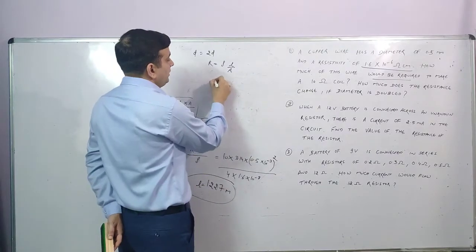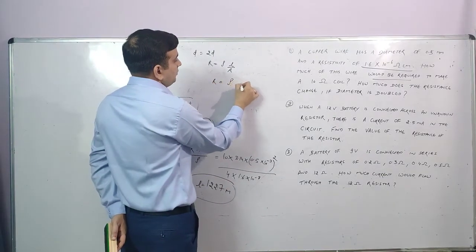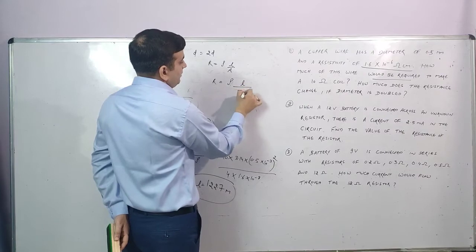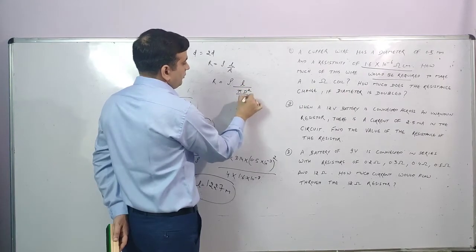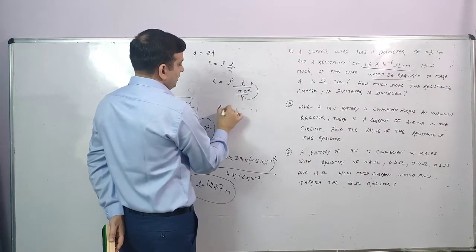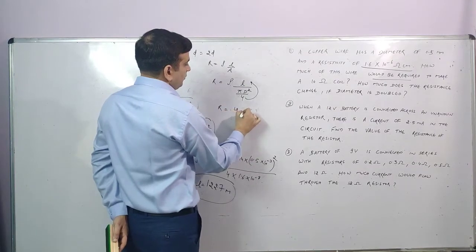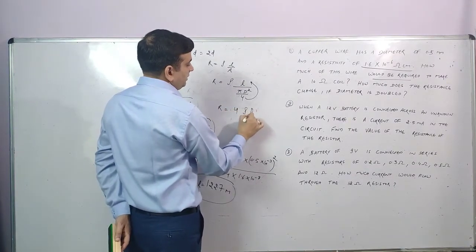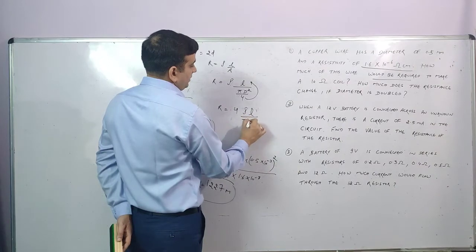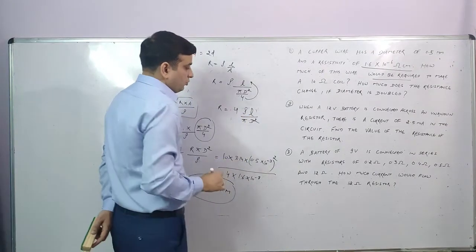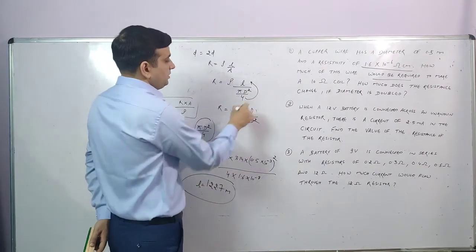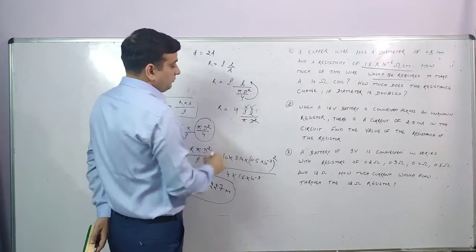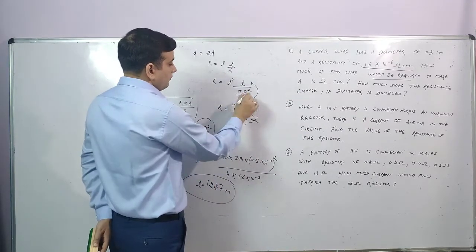So R is equal to rho L by pi d square by 4. The 4 will come up, so R is equal to 4 rho L by pi d square. Now the length is fixed, the pi value is fixed, and 4 is fixed.